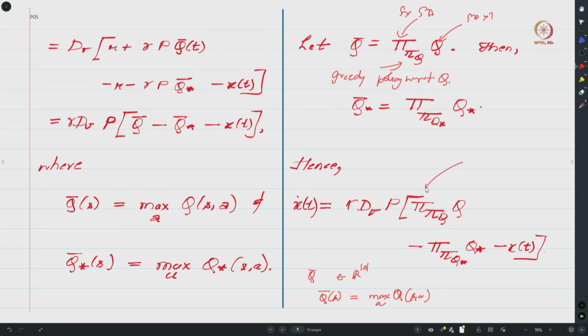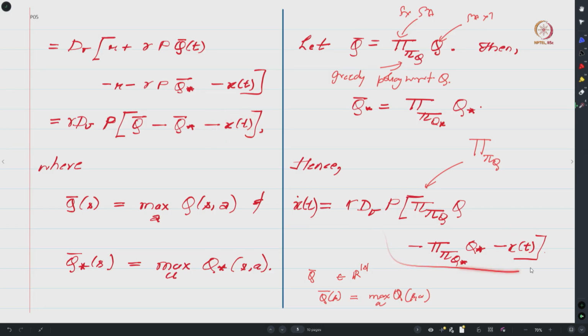I think I should write this carefully. So this is capital pi subscript little pi q, right, that is what I have over here, times q, right. This is basically picking the greedy action so that you end up with q bar over here, and similarly this q bar star can be written as capital pi subscript pi q star times q star, and whatever this minus xt is, I have written it as it is, okay.